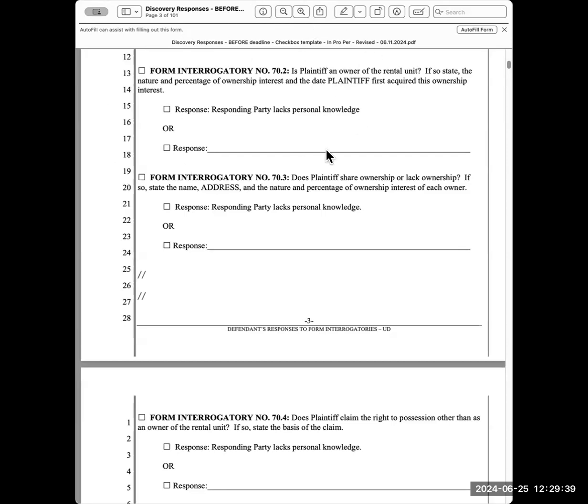With questions in these interrogatories, you want to be 100% sure in order to say you know something. If you don't know, that's an honest answer. In this case, if you don't know, the first response is that responding party lacks personal knowledge. Otherwise, you check here and you put in your response.